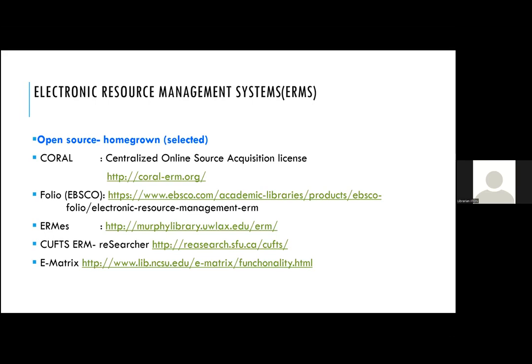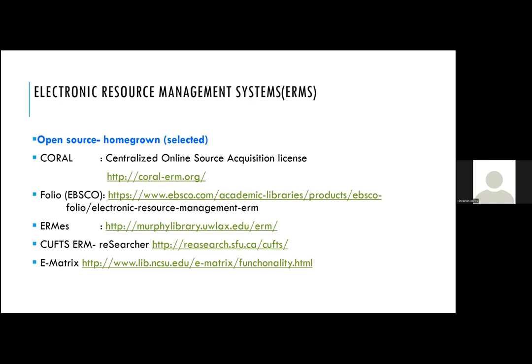In addition to these two, there were efforts made by different universities as projects, and they still are there. Some of those universities who were partners in developing these have used ERMES, CUFTS ERM, and eMatrix.